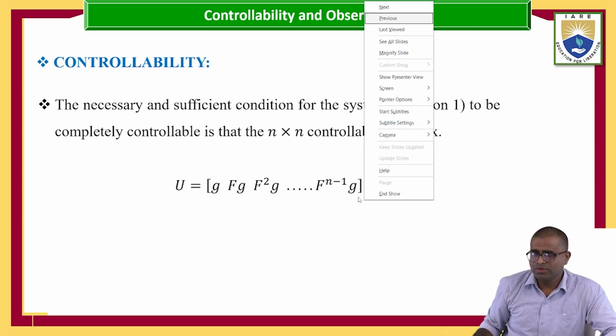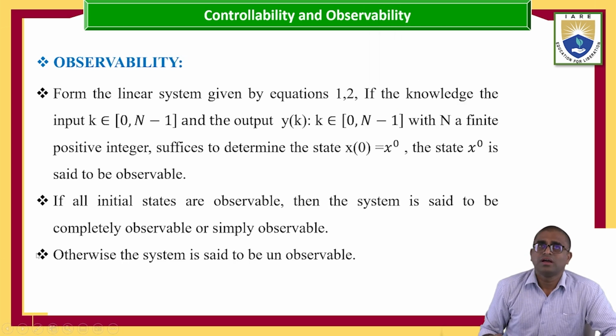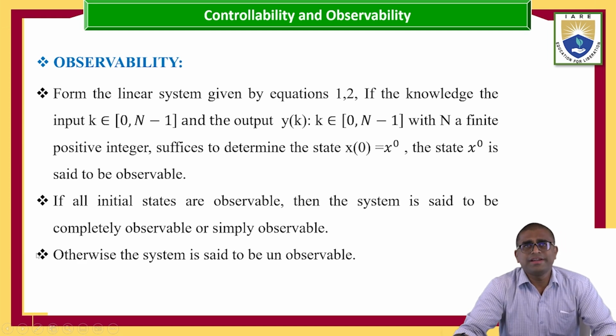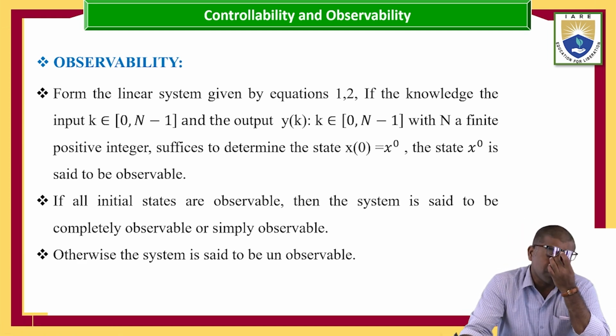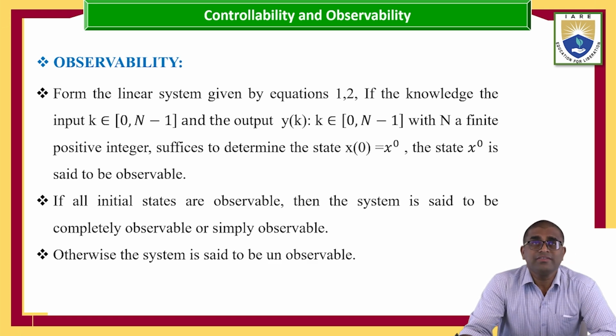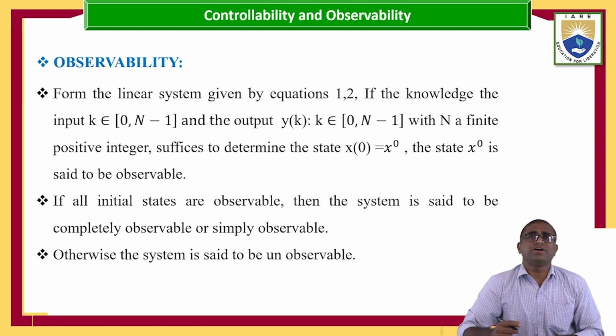Now we go to observability. Observability is applied to the output section also. For a linear system, we have the state equation and output equation. If we know this, we apply the input and get the output for finite positive integers.